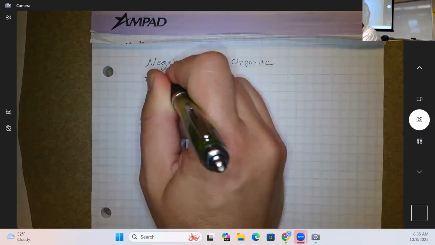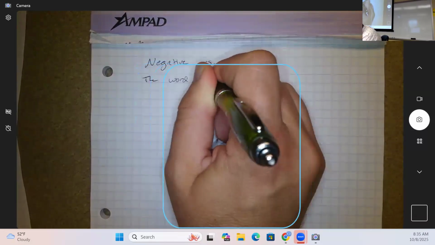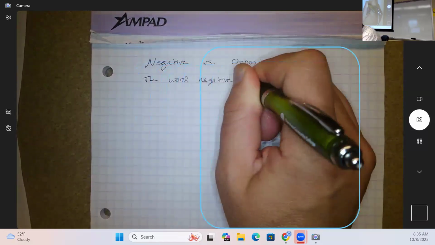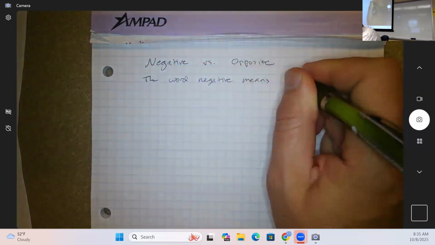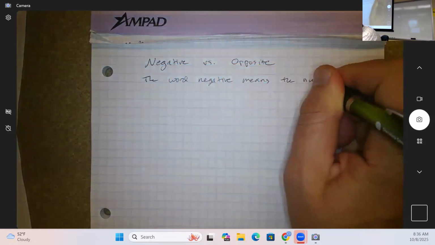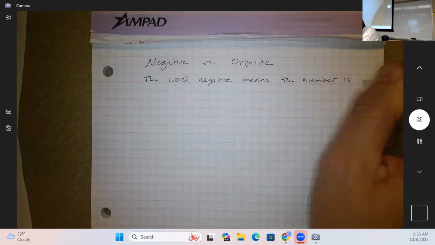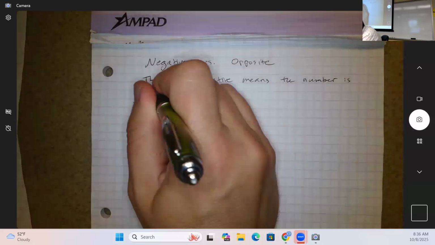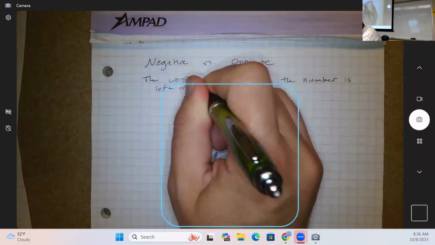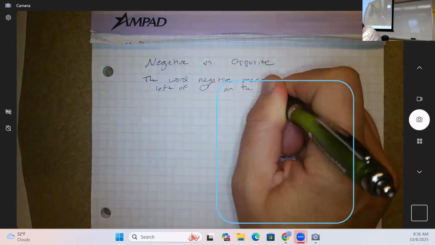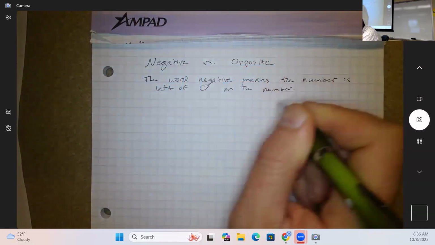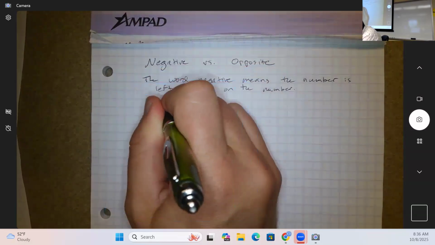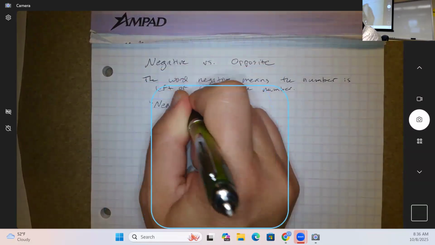The word negative means the number is left of 0 on the number line. Negative is just a descriptor.